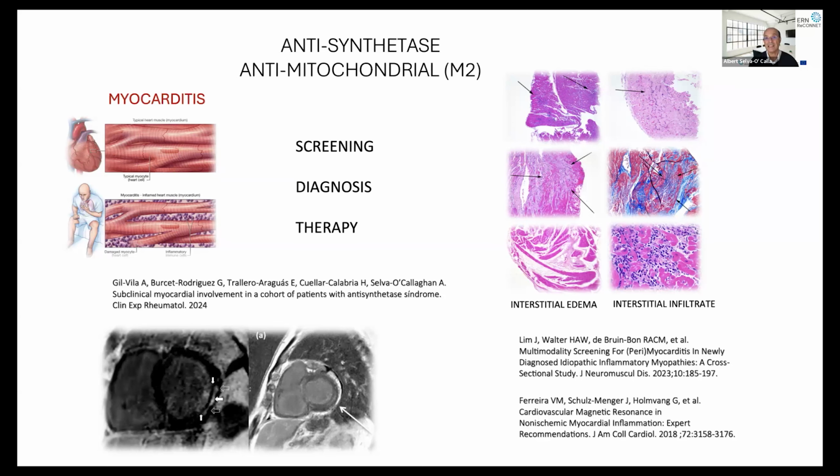I talk about the antisynthetase syndrome. Probably of the group of inflammatory myopathies, these are the patients who more frequently may develop myocarditis, acute or subacute, and of course anti-mitochondrial antibodies, specifically as a cause of arrhythmias in patients with inflammatory myopathies.